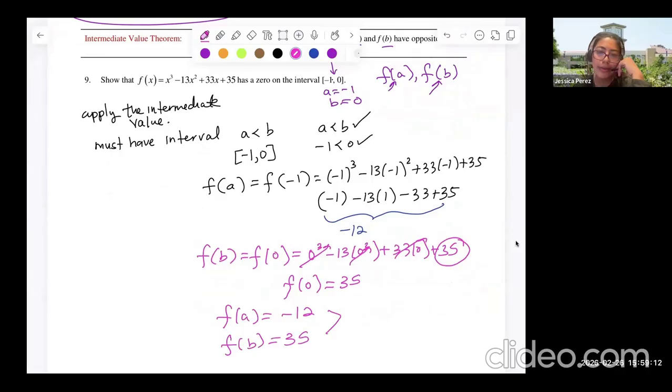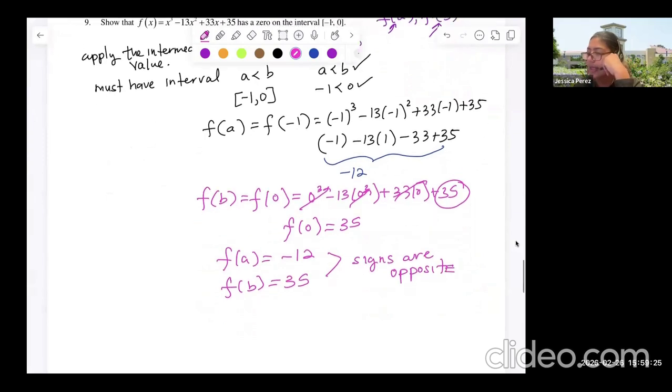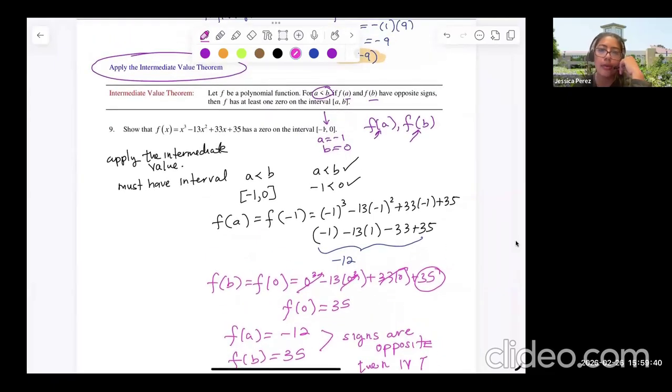Are they different in signs? So signs are opposite. What does that mean? Since the signs are opposite, the intermediate value theorem, IVT, applies. That means we are guaranteed to have a zero right in between -1 and 0.